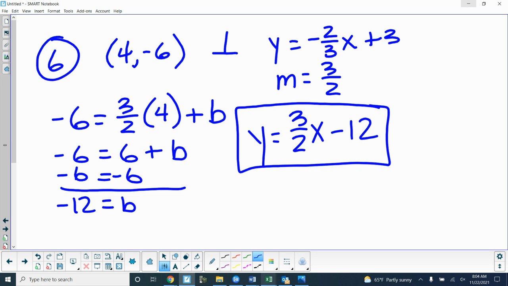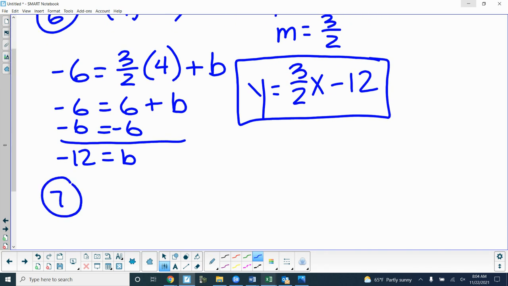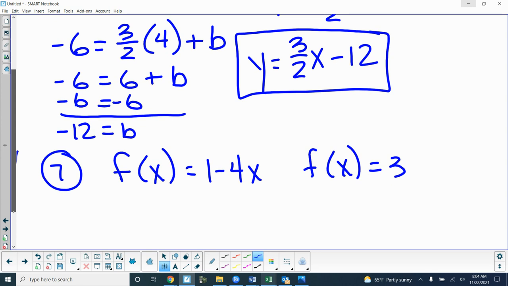All right. Number 7. You're given a function, f of x equals 1 minus 4x. And it says f of x equals 3. And you're supposed to find the value of x so that that function equals 3.